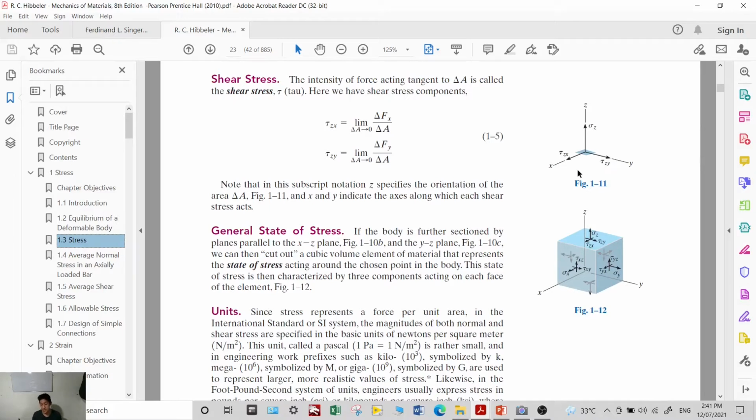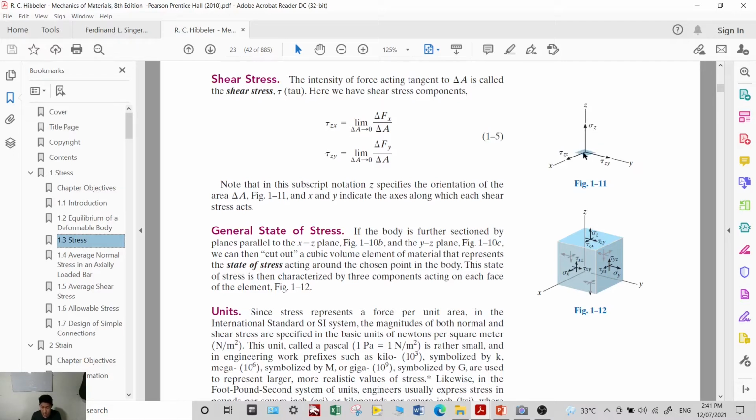So, reading the notation: for example, this is your coordinate system x, y, z. Your area is perpendicular to z. This area has the normal stress.